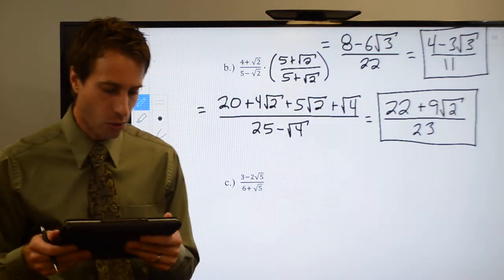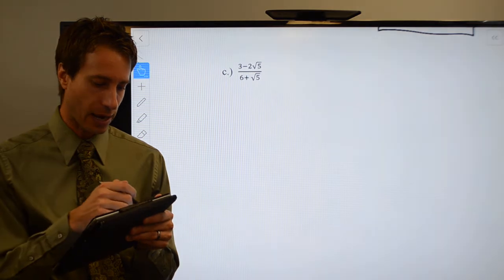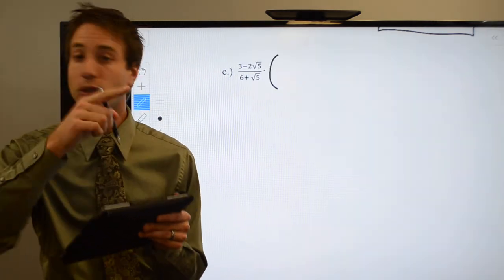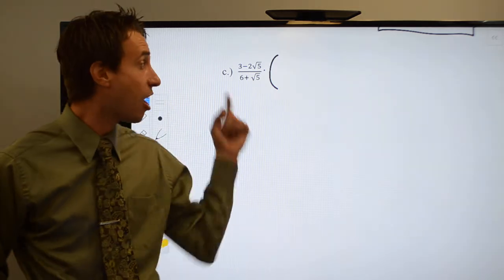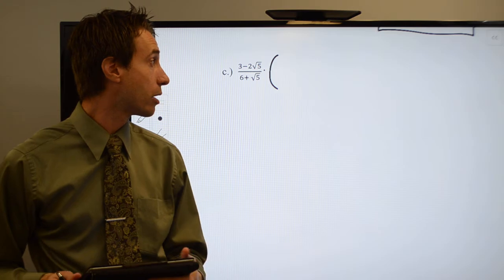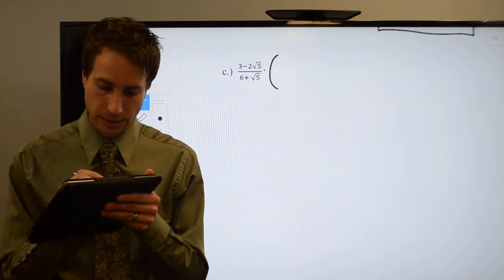Hey, one more. Let's do this one. We can knock it out real fast. These are pretty simple. Multiply top and bottom by the conjugate of the denominator. Since it's a 6 plus the square root of 5, we'll do 6 minus.